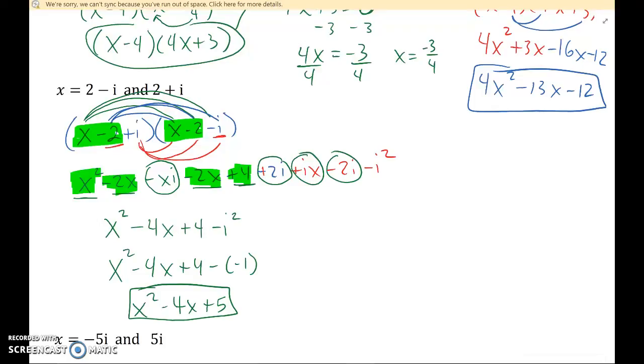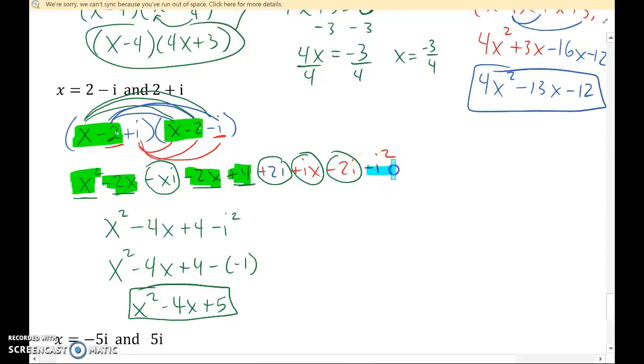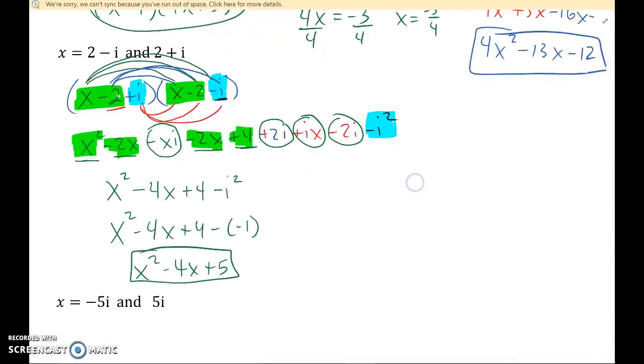And then the other piece that we kept was our negative i squared, which came from positive i times negative i. And so a shortcut to doing these problems, and it only works in this setup, is that you could have multiplied the green parts that are highlighted together.